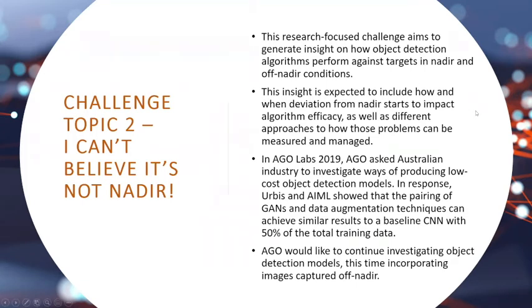As it says there, this is really a research-focused challenge, and a successful project would deliver a research report that quantifies how deviating from nadir affects object detection algorithms, but also improves our knowledge of techniques that can help to improve the effectiveness of algorithms on off-nadir imagery.